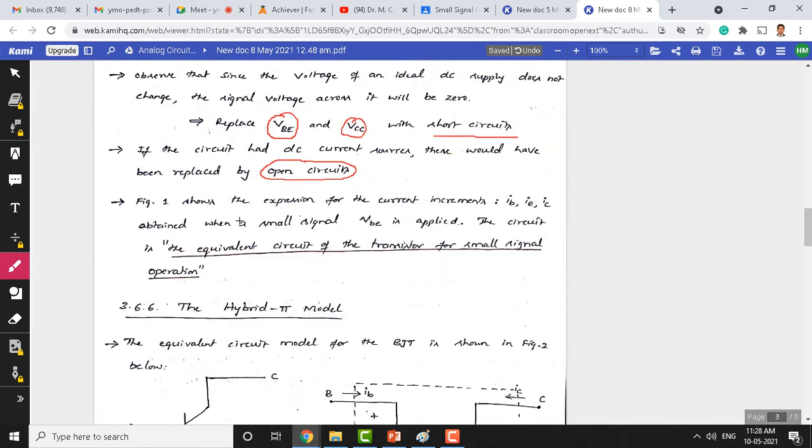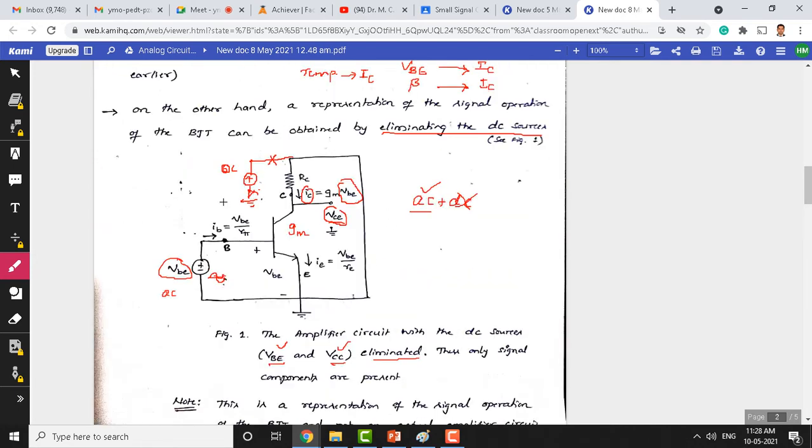Figure 1 shows the expression for the current increments iB, iE, iC obtained when a small signal vb is applied. vb is nothing but the AC signal applied, and the circuit is the equivalent circuit of the transistor for small signal operation. This circuit can be called the small signal equivalent circuit of an amplifier. Why is it called small signal?